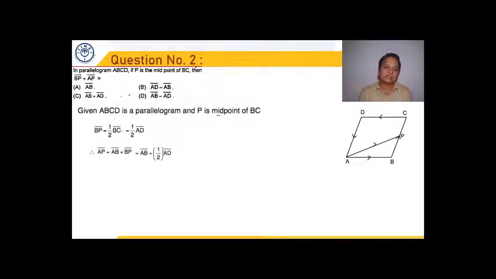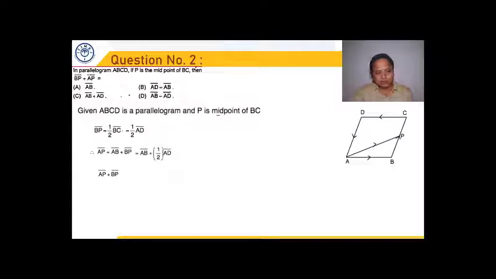So we can safely say AP vector is equal to AB vector plus AD by 2 vector. So we find AP in terms of AB and AD because options are given in terms of AB and AD. And we have to find the value of BP plus AP.